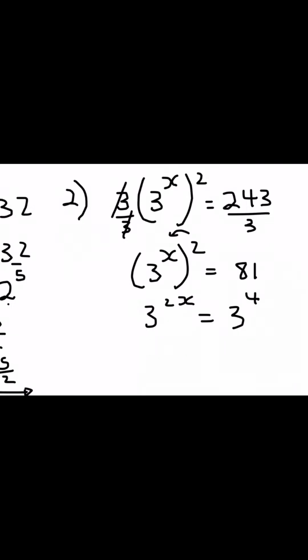So it means you have 2x, you equate it to 4. Why? Because the bases are the same, they fall away. So the main aim is to make sure that the bases are the same so that they fall away, and then you divide by 2 so that it cancels completely, and x equals 2, and that is the end of that one.